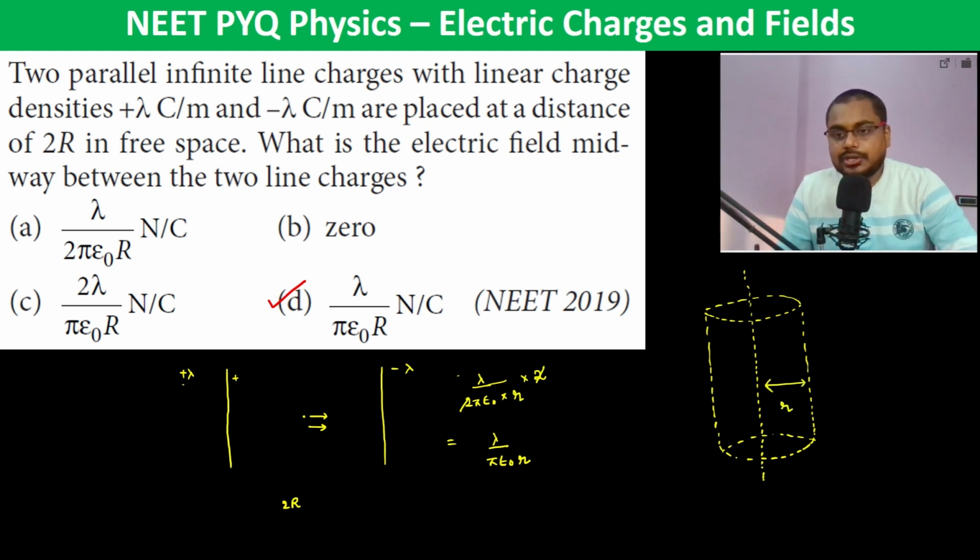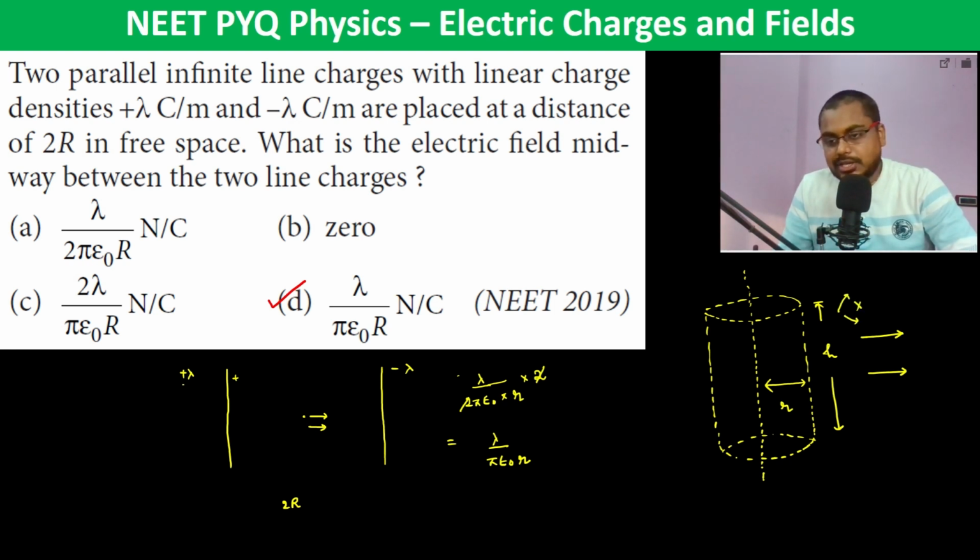Now इसकी हाइट h रख लिया हम लोगों ने. Since it's infinite, the electric field is going to be radially outwards only, क्योंकि it has to be symmetrical. It cannot be like this or like this. No, it has to be symmetrical.